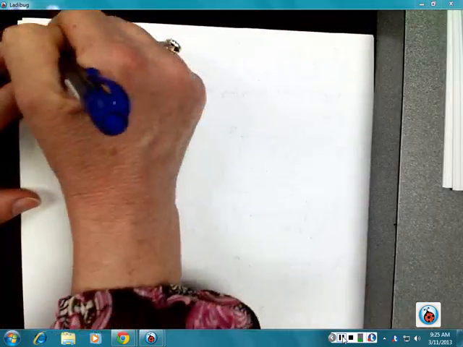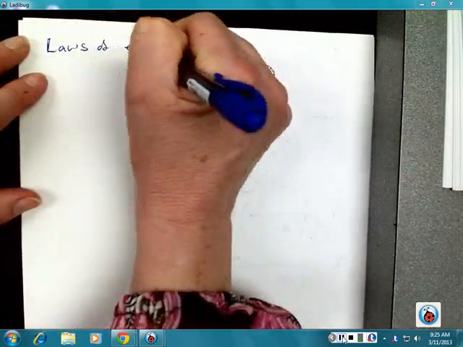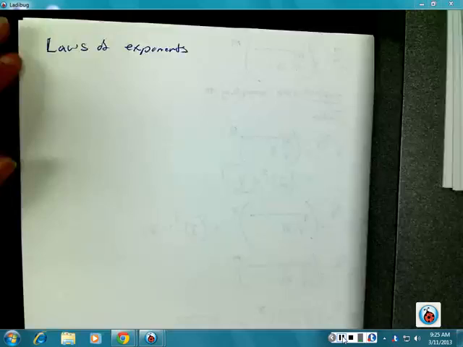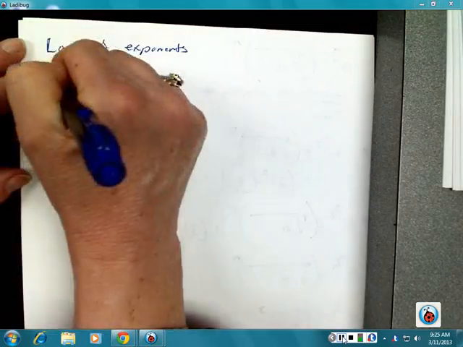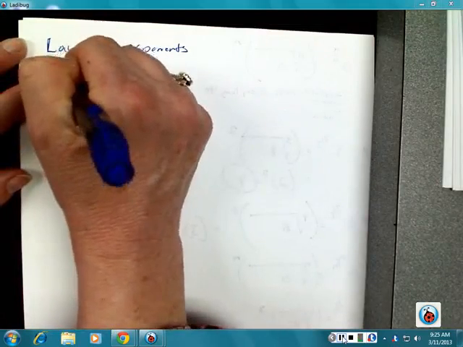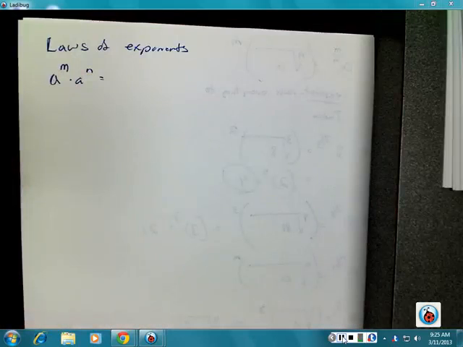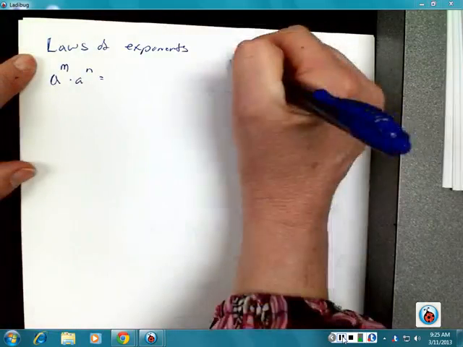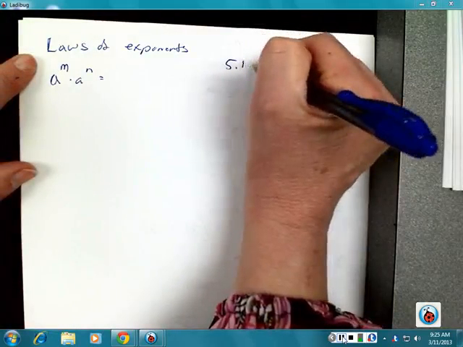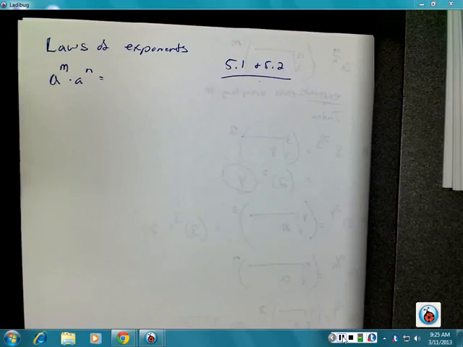Now, this is where your laws of exponents come into play. If you remember, the laws of exponents said that if I had a to the mth power times a to the nth power, what did we do to those? And that's why you have extra credit sections 5.1 and 5.2 to do, because they go back through all of those rules.